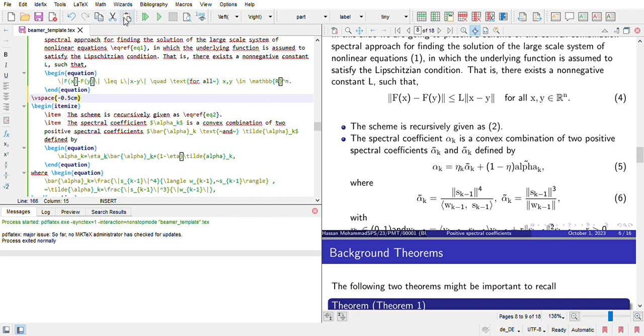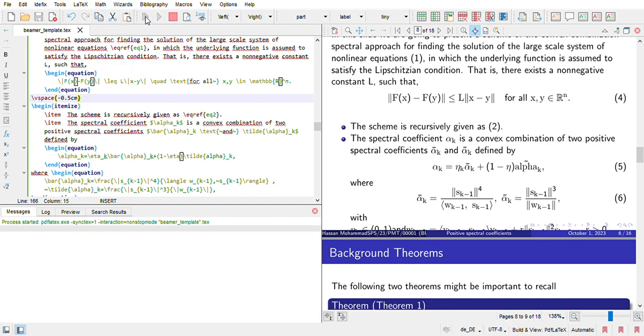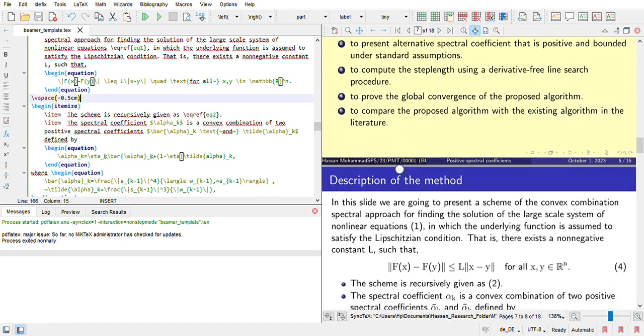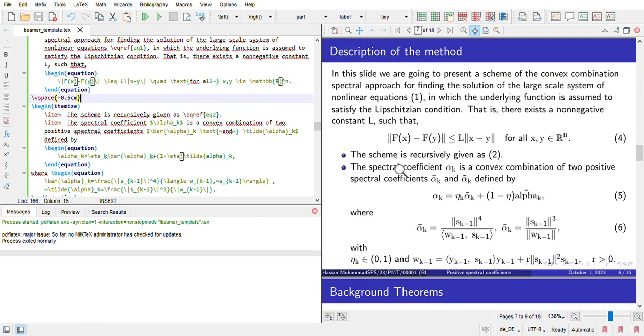So the space between the Lipschitzian condition and where we started our scheme. Yeah, so you see I reduced the vertical distance, and my last equation now comes out. It is on the slide now, we can see it.